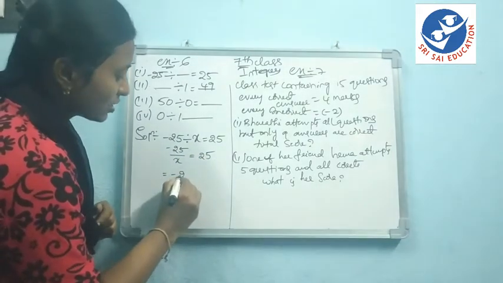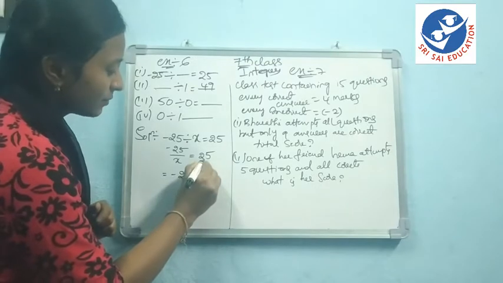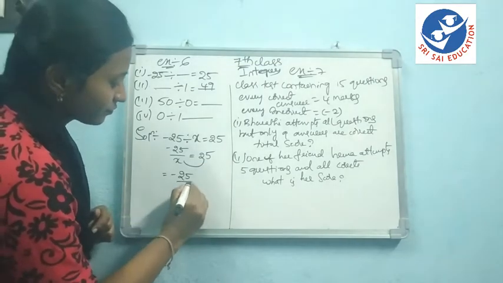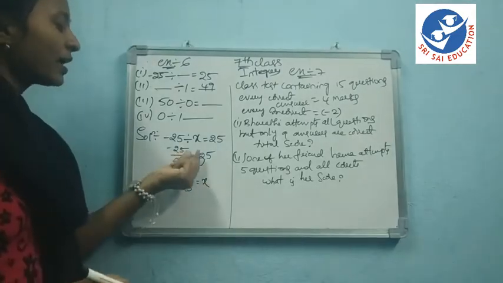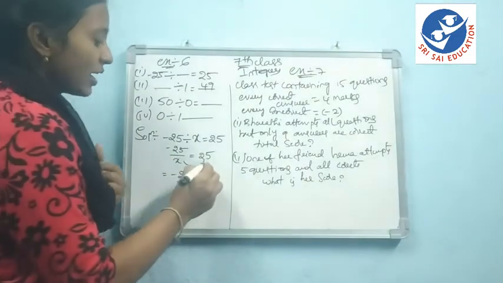That is minus 25 by 25 equals x. We apply cross multiplication.